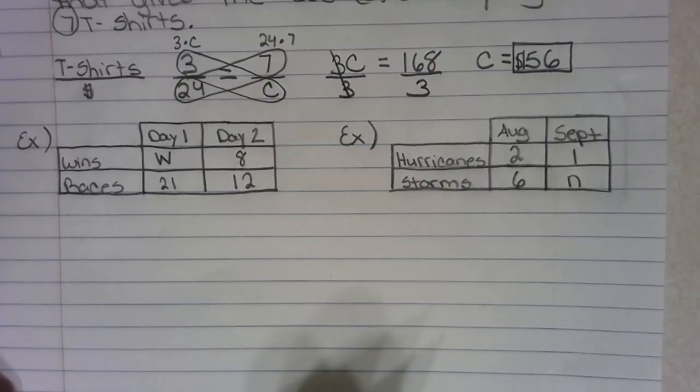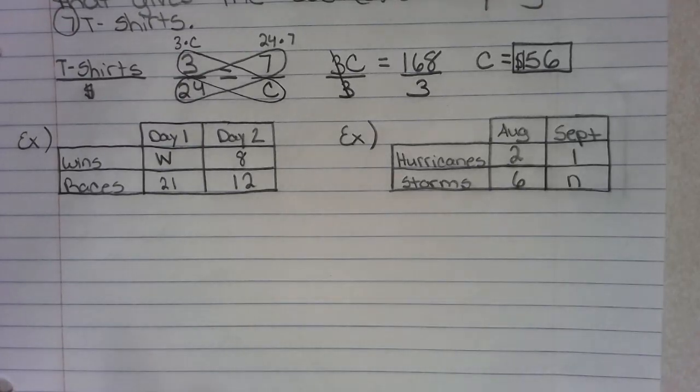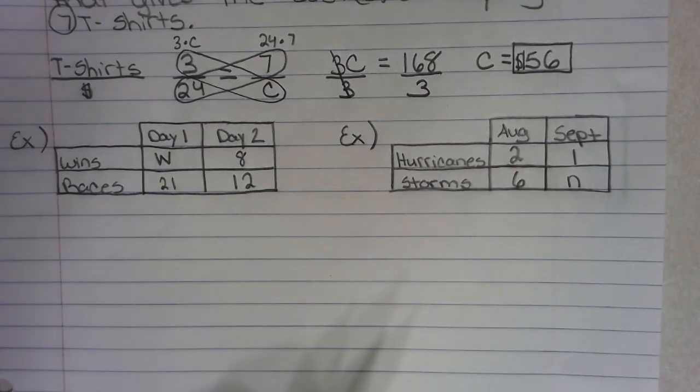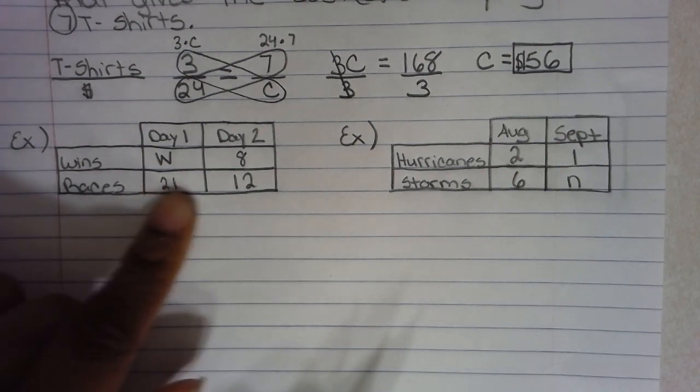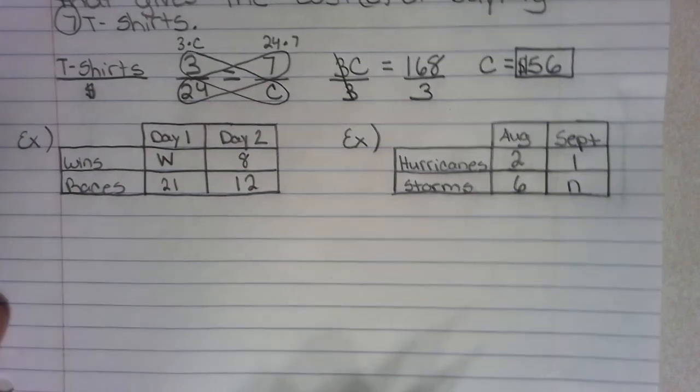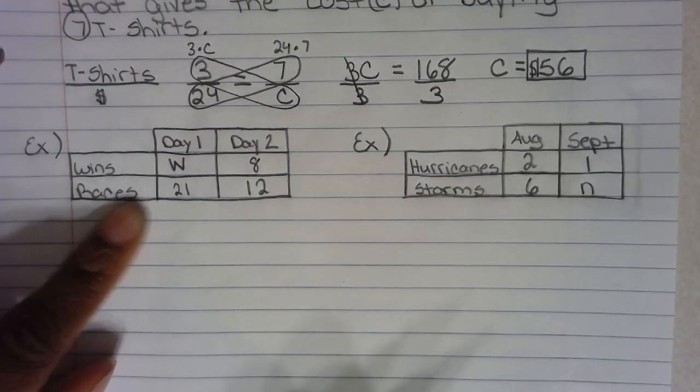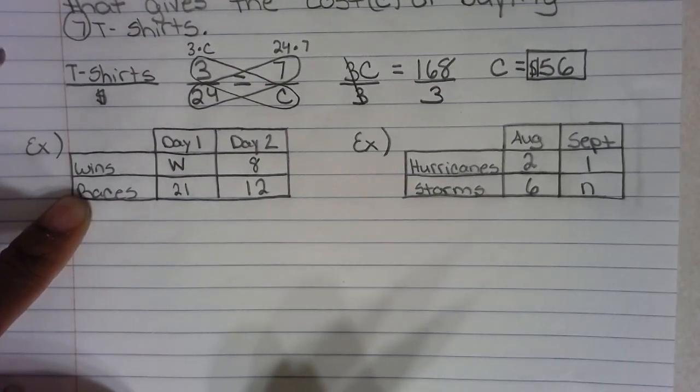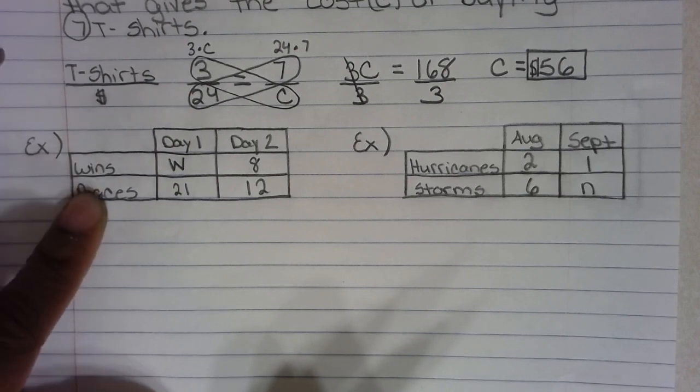Okay, we're on the last 2 examples in the middle, and it says, use the tables to write a proportion and solve the proportion. So now we did word problems, we did just straightforward proportions, and now we're going to use the values in the tables. Let's start with this very first example. On this table, we're comparing wins to races.